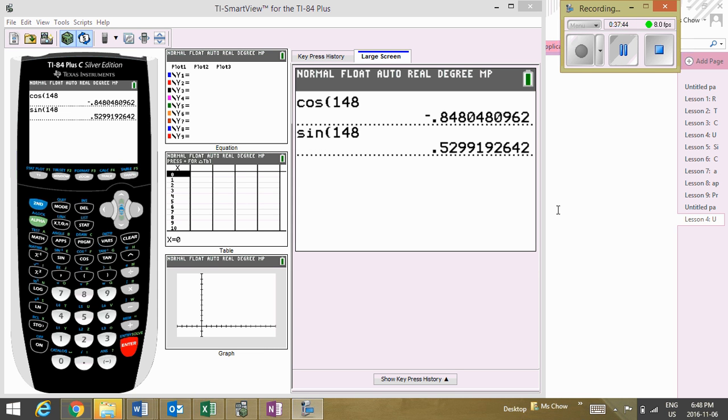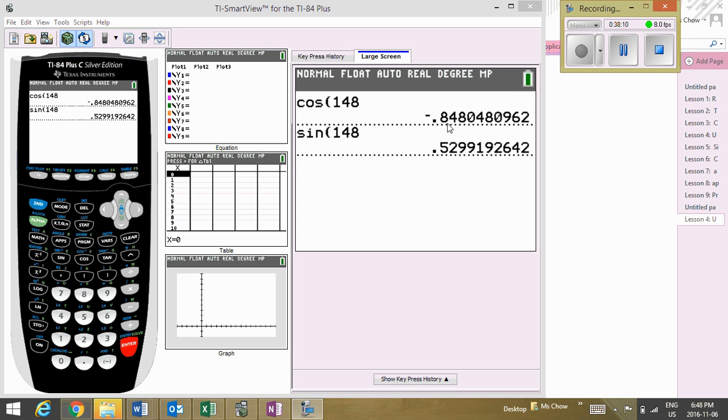And so you'll see we've entered cosine 148 degrees and sine of 148 degrees into our calculator, and we've got those two ratios, and those are approximations based on what our calculator can give us. Because they don't have reference angles that are related to our special triangles, we have no exact values that we can find at this point in time.